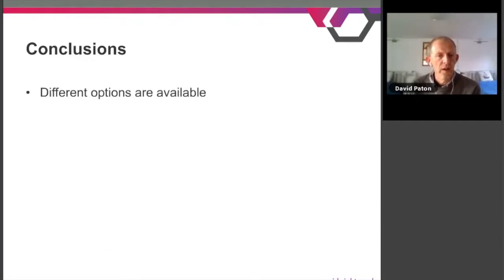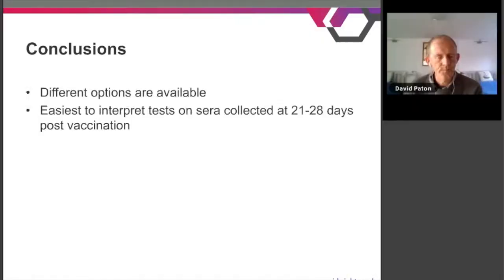So to conclude then, there are some different options available for how you could analyze these field sera, and it depends a little bit whether you want to do something very simple or whether you're more ambitious and want to do something more complicated. But if you get yourself organized to have good support from the vaccine producer and the reference laboratory, then it's possible to do a range of options, even if you only have quite basic serological capability in your own laboratory.